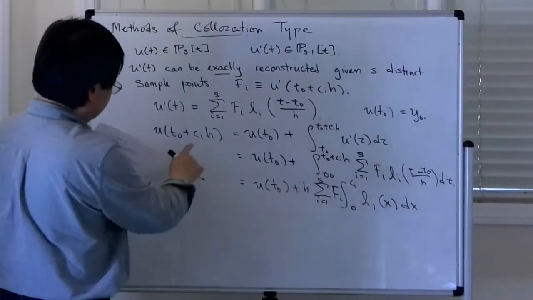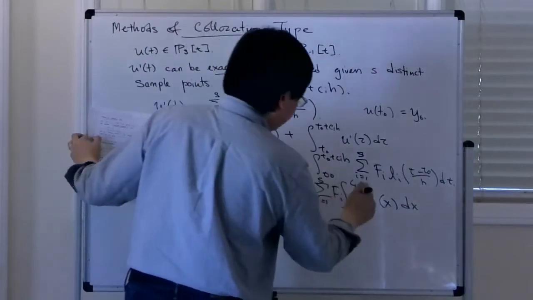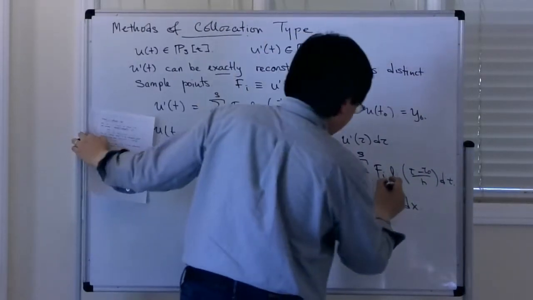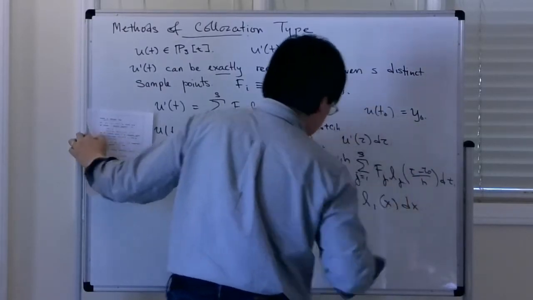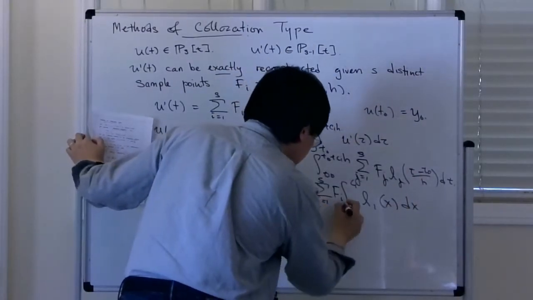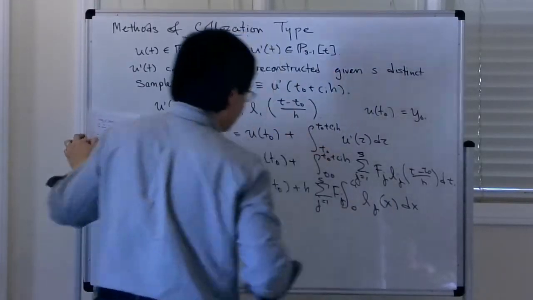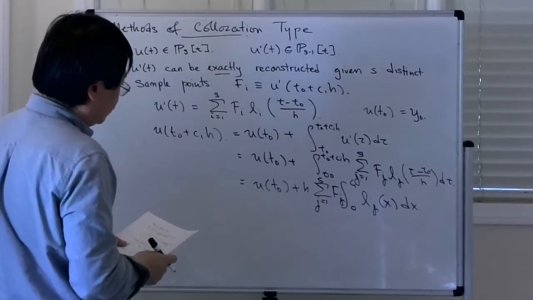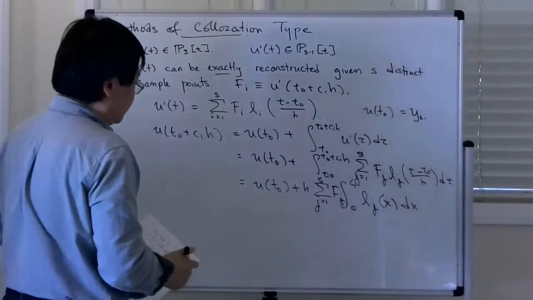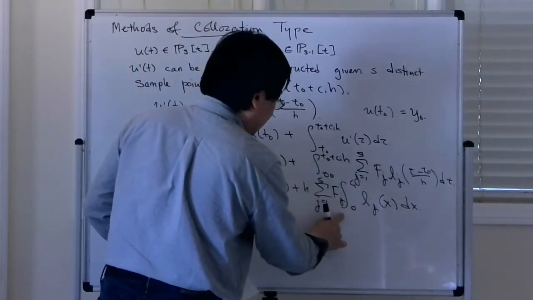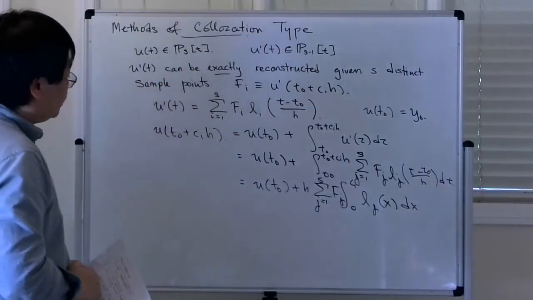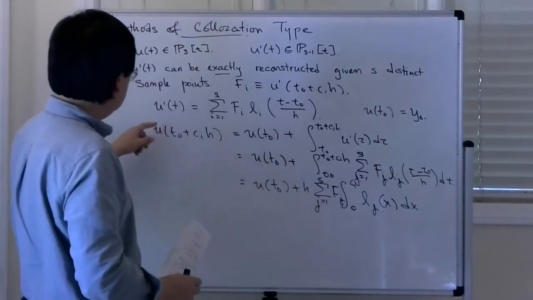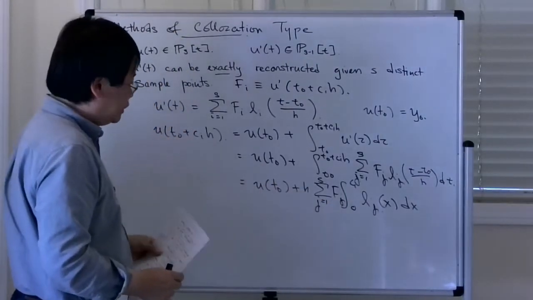Yes, I'm sorry. So this index is i, I have to change the sum here to an index over j. All right, so now you're in business, because this is again the value of the vector field at these collocation points.